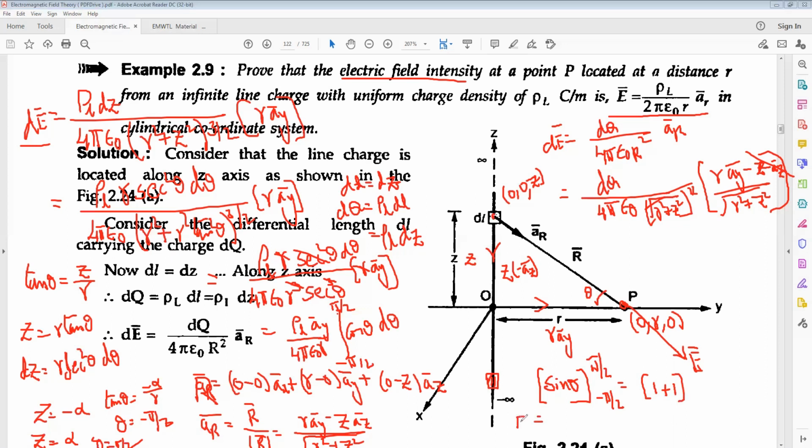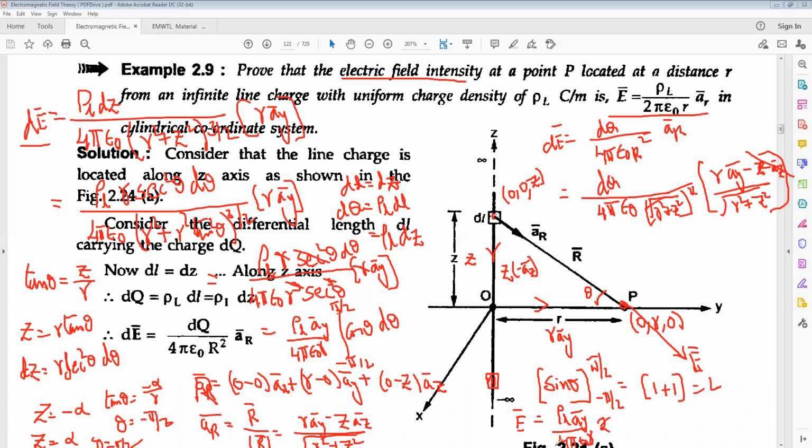So E bar is equal to rho L by, not 2 pi, sorry, here it is 4 pi epsilon naught r into a_y bar. This total integral we got is the value 2, so 2 into 2.